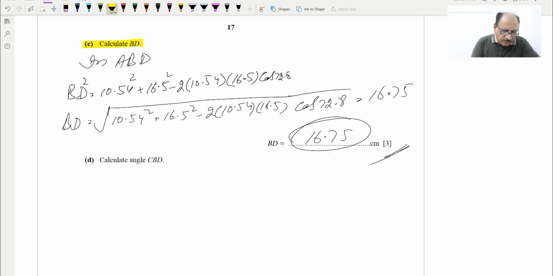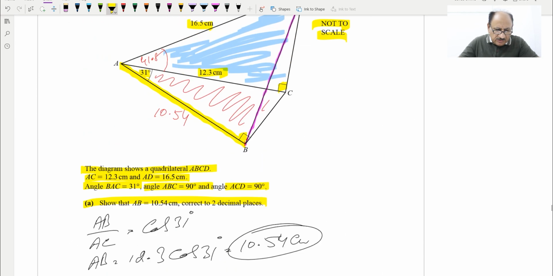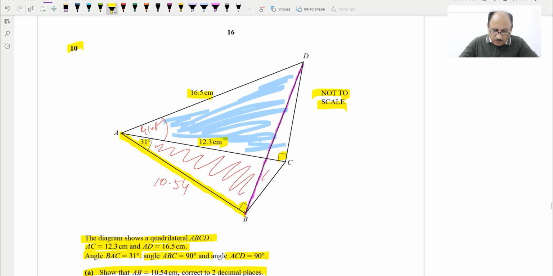Now the next D part, they're saying calculate angle CBD. Where is CBD? CBD is basically this angle. This angle is required. So we can apply the sine rule. BC, which we don't have, so first we need to find BC basically.